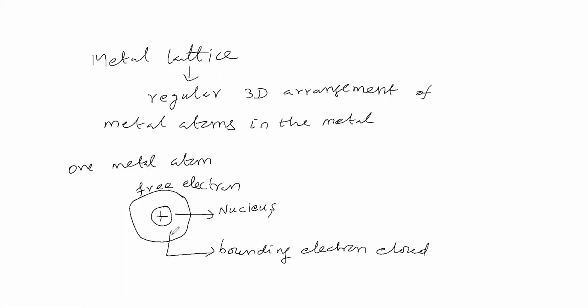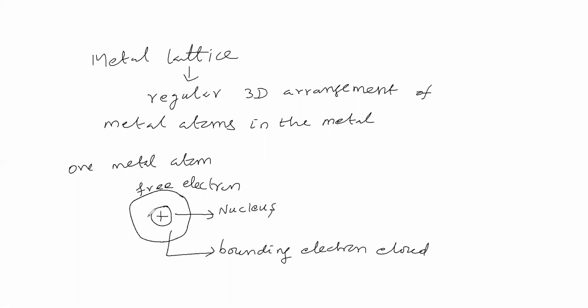That means a free electron will not be present within only one atom. Its owner is not this metal atom alone. Its owner is all the metal atoms in the lattice.